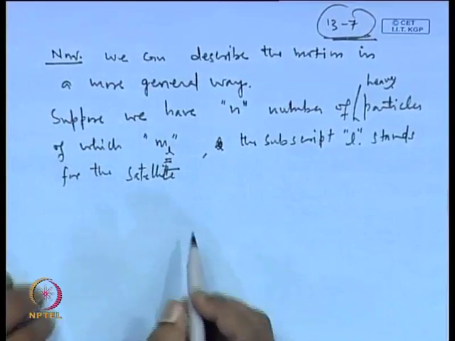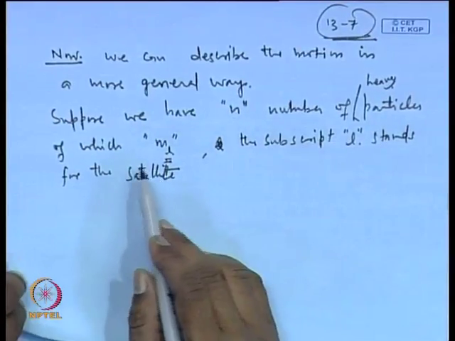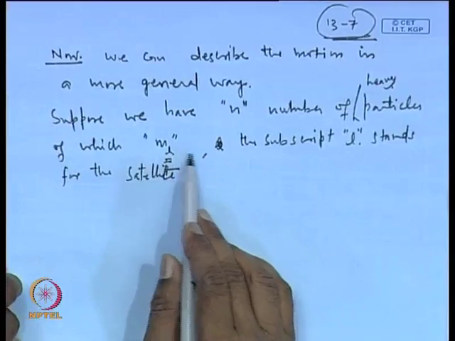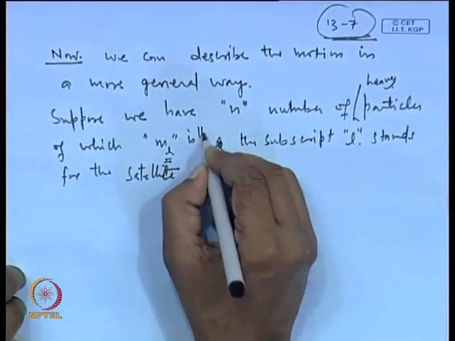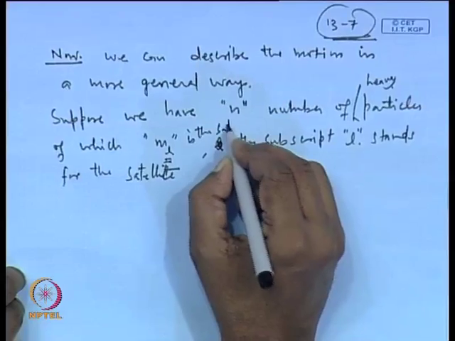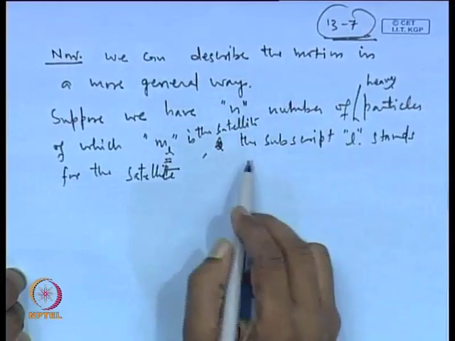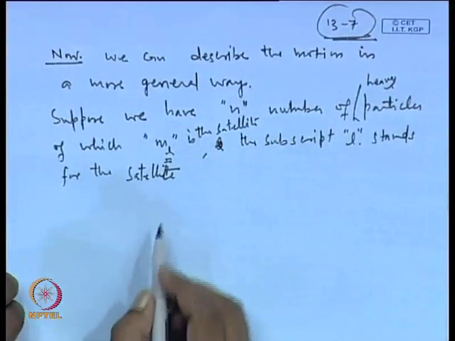Okay. So, suppose we have n number of particles, of which ml is the satellite. The subscript L will be standing for the satellite.